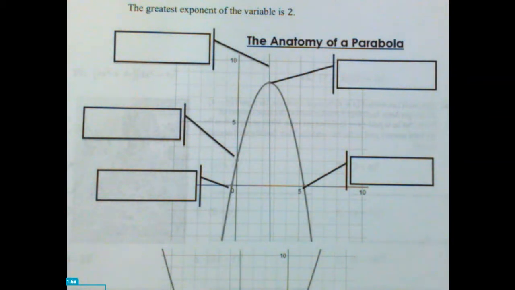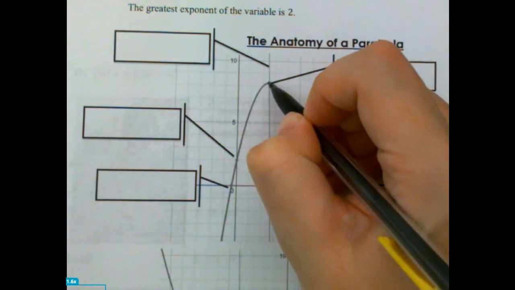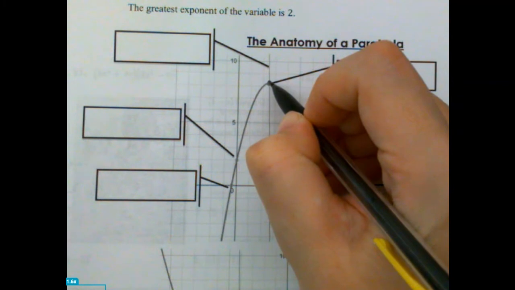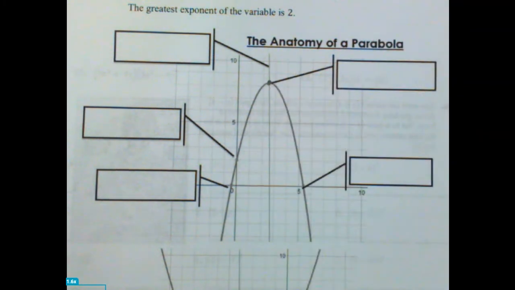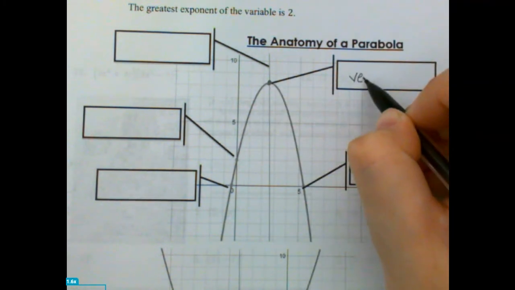So let's define some parts of a parabola that are very important. So the first thing that's true of a parabola is finding its vertex. So this guy right here, the very peak of the curve, is a vertex.